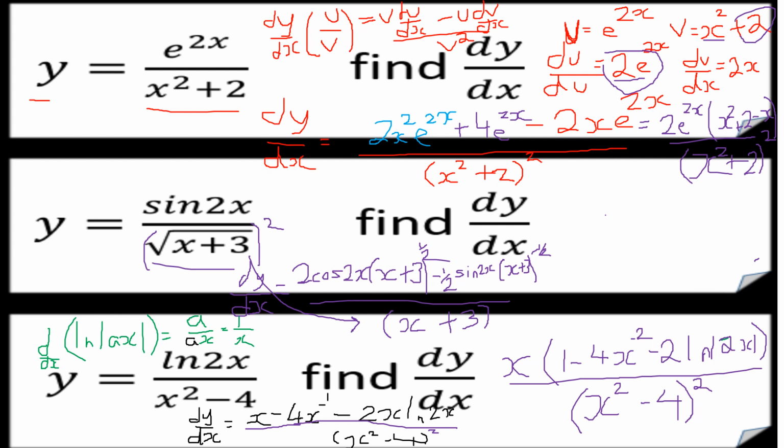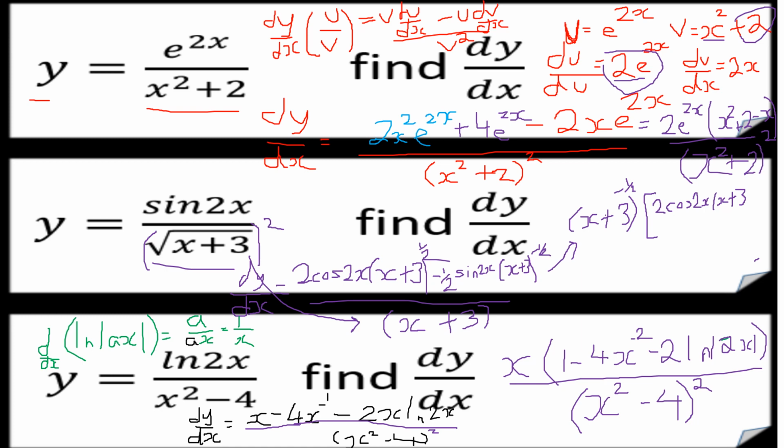On the numerator it would go to x plus 3 to the minus a half, and then open a big square bracket, I'm going to have 2 cos 2x, times by just x plus 3. The reason is that by the rules of indices, if it's a power of 1 there, minus a half plus 1 gets me to a half. So that is how I got that part.